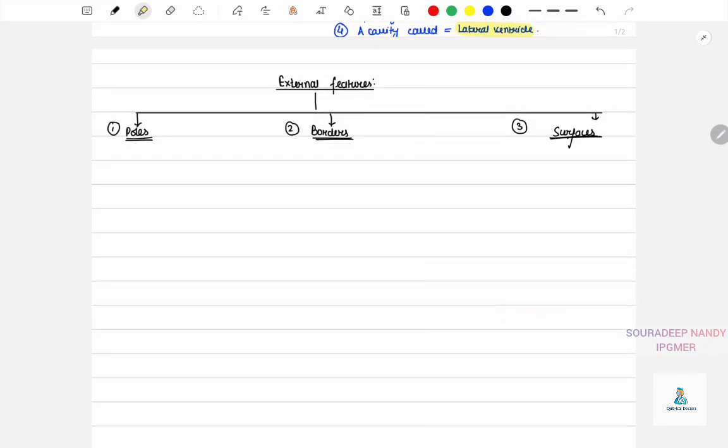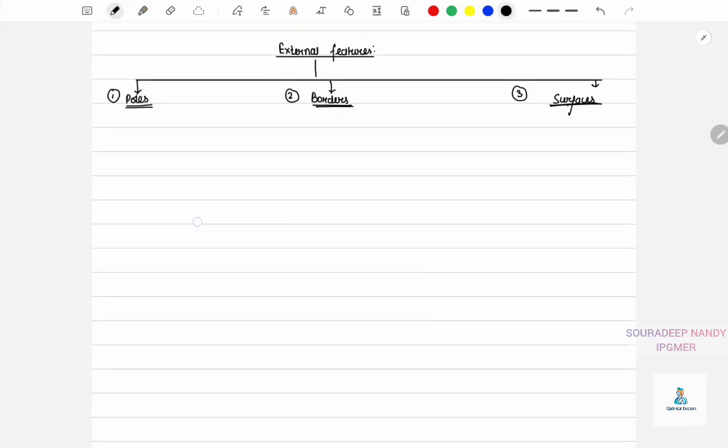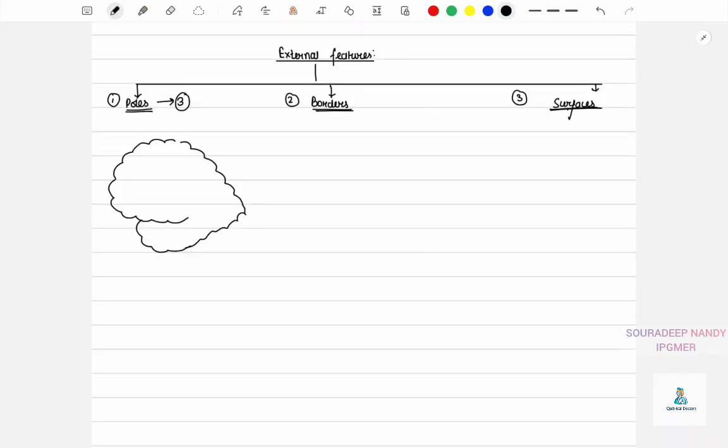Now coming to the external features of the brain. For the poles, here in the front there is the frontal pole, here is the occipital pole, and here is the temporal pole. So these consist of three poles. Now coming to the borders.